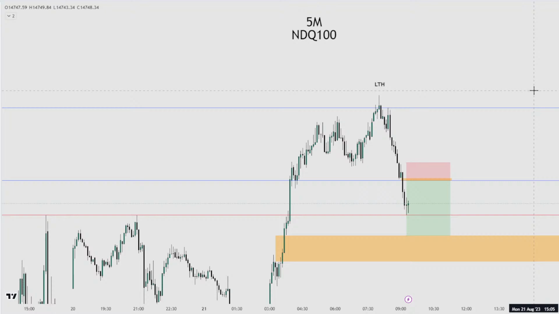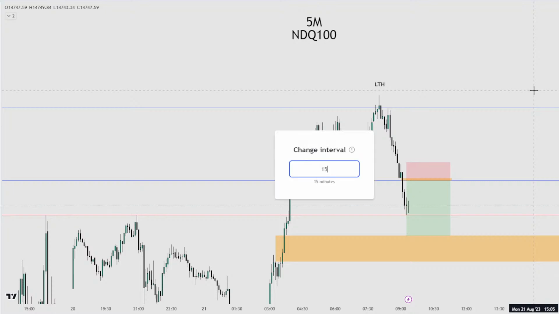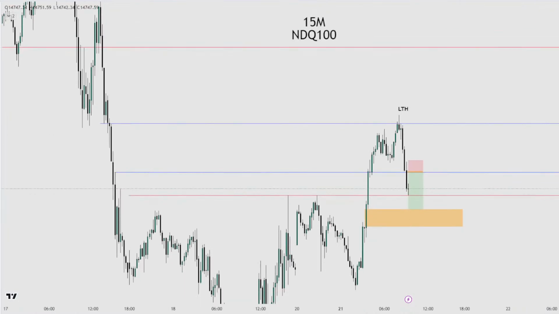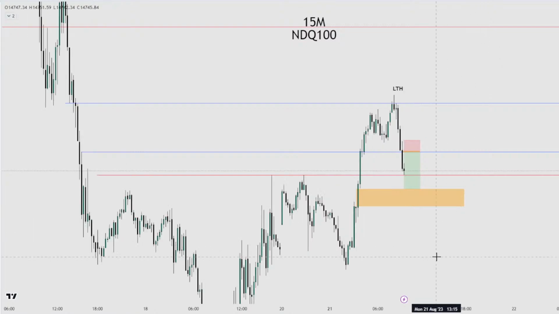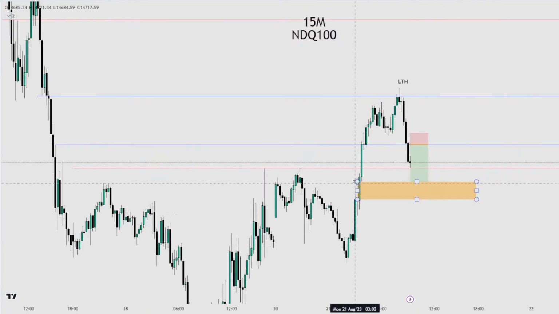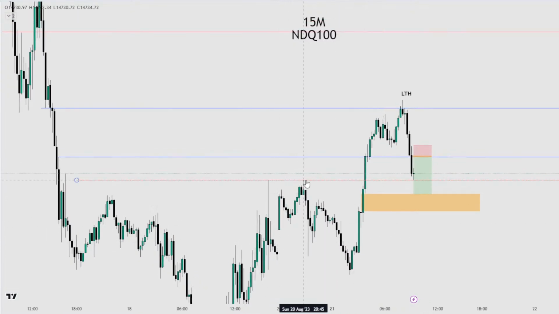Just going to stay on the 15-minute. So the reasonable buy side liquidity. I don't think this buy side is going to be touched. We have a breaker, but then the next sell side would be this fair value gap and this low right here. But these equal highs can act as support because they're equal highs and the low of the new day opening gap.